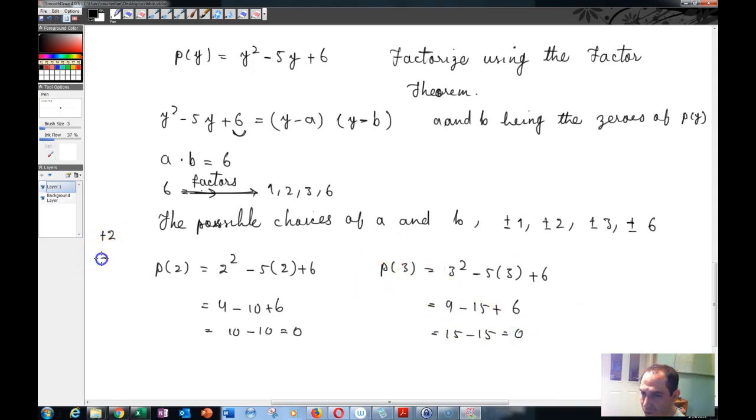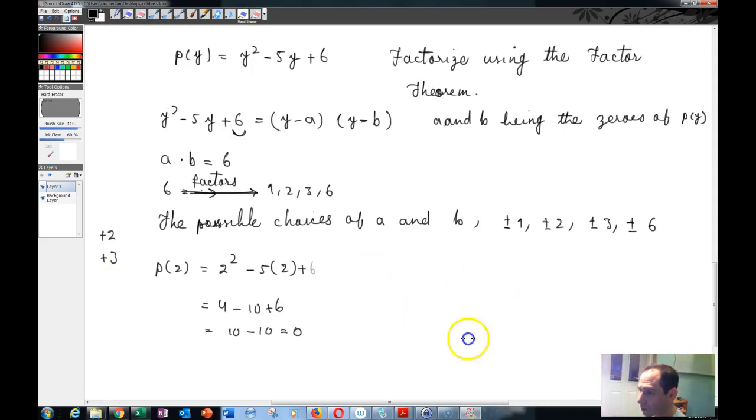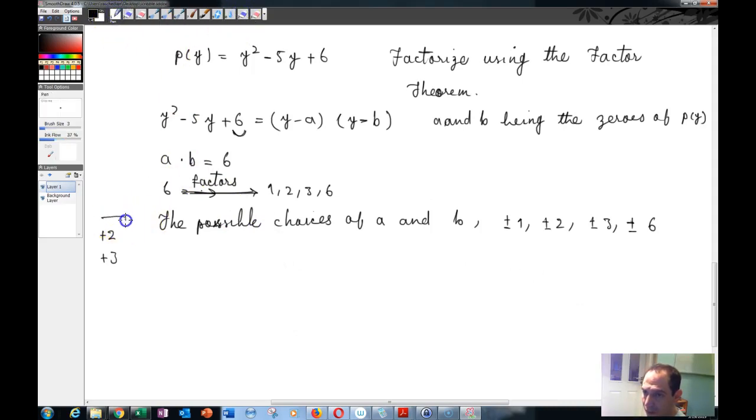So the other number is positive 3. So now I know that the 2 zeros of my polynomial are positive 2 and positive 3.